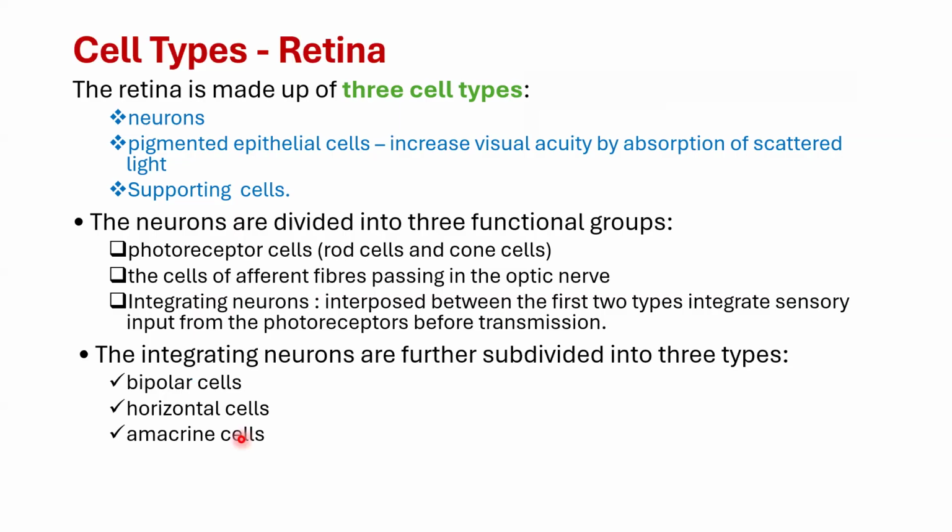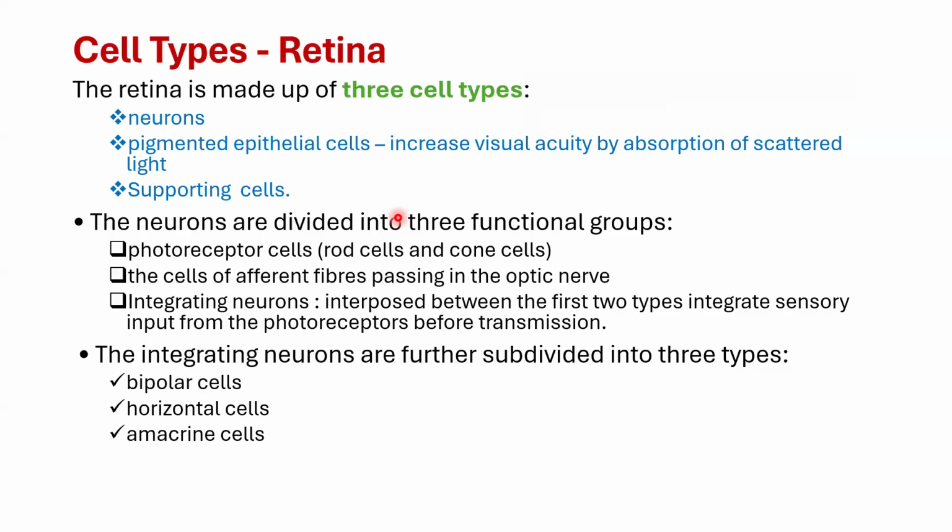And maybe to summarize, you can have a flow chart. You have the retina, cell types in the retina. You draw 3 branches: neurons, pigmented epithelial cells, and supporting cells. Then for the neurons, below the neuron part, you draw 3 branches: one for the photoreceptors, that is the cones and rods, then integrating neurons, and then the ganglion cells.